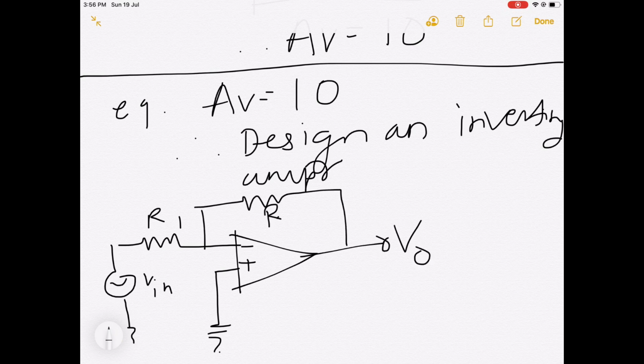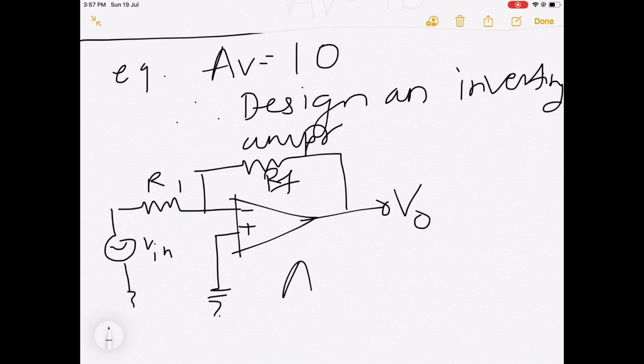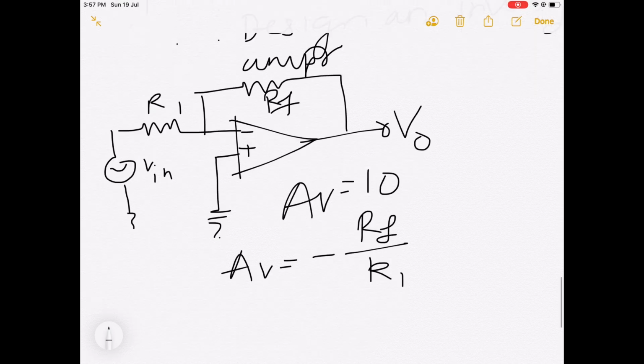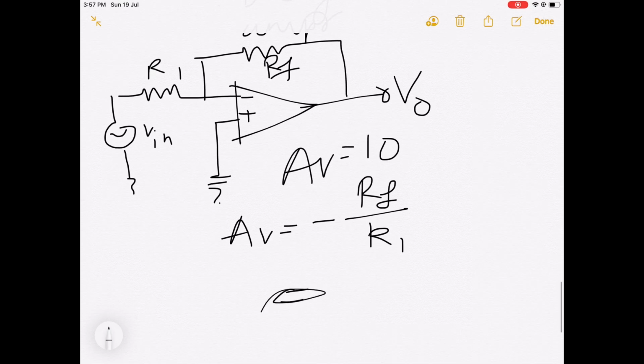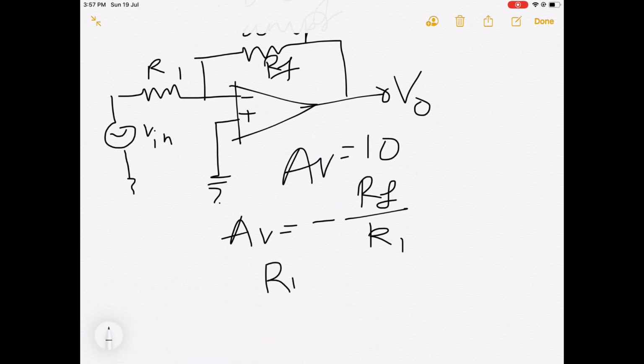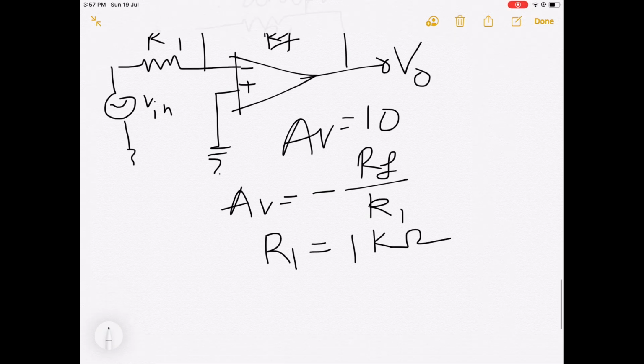So for designing we require these components: RF, R1 and the op-amp. So what is given? AV is given as 10. Okay. And what is the formula for an inverting amplifier? AV is equal to minus RF upon R1. So what is RF? Here we have to consider one resistor value. So suppose I am considering R1 is equal to 1 kilo ohms. Put the values here and calculate RF.